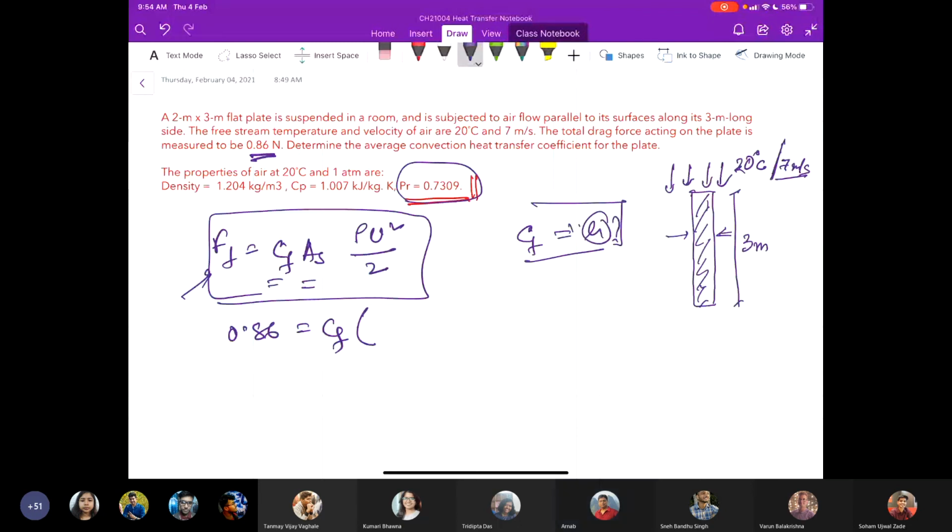The surface area on which the force acts is 2 times 3 by 2, that is 3 by 2 meter square multiplied by both the sides, which is 12 meter square. Density is known.